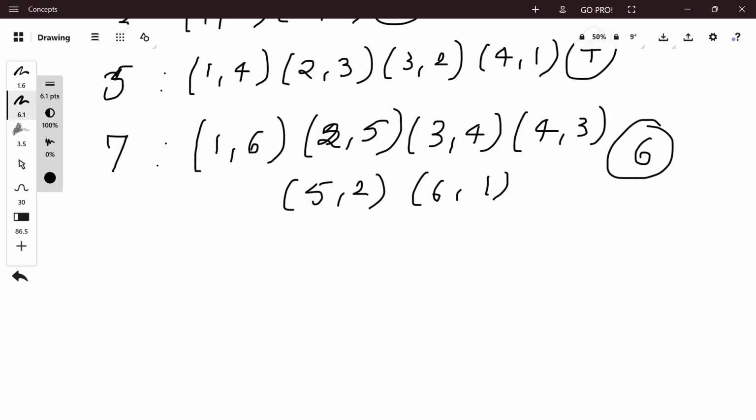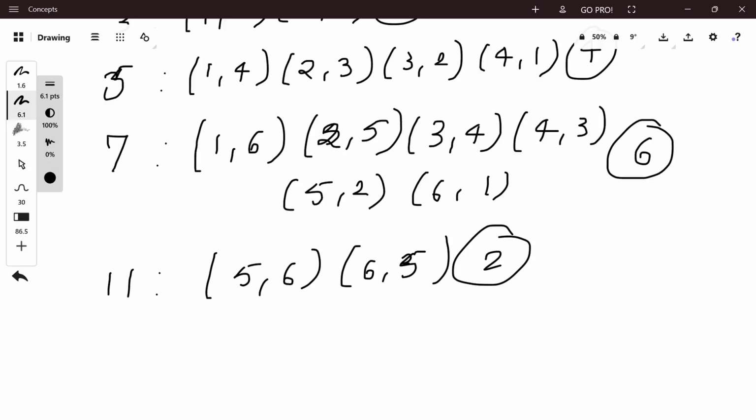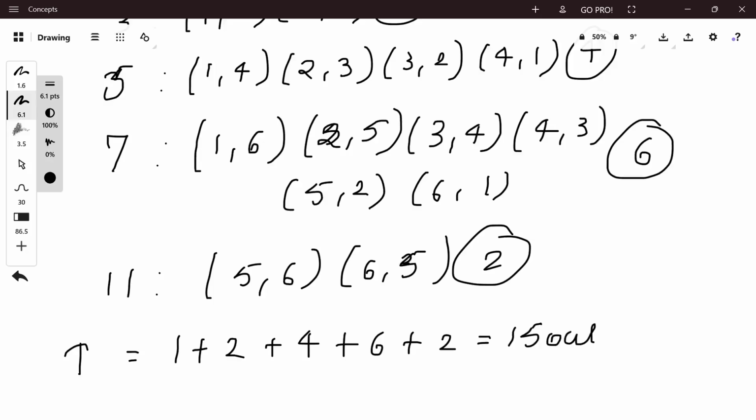And for 11, that is 5, 6 and 6, 5, that is 2. Total number of favorable outcomes is equal to 1 plus 2 plus 4 plus 6 plus 2, that is equal to 15 outcomes.